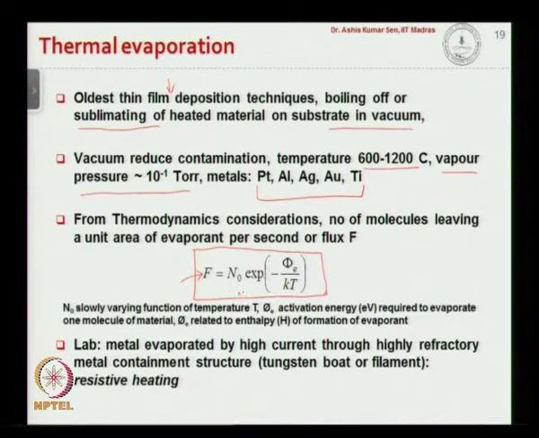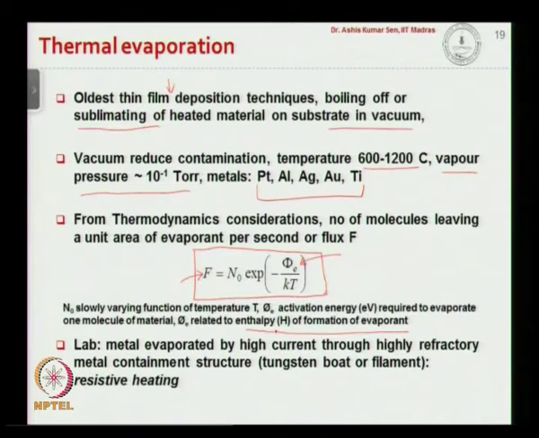So F is N0 times exponential of minus phi E over kT, where N0 is a slowly varying function of temperature and phi is the activation energy. That is intrinsic to the metal that we are trying to evaporate, and it is related to the enthalpy of formation of the evaporant. T is the temperature and k is the Boltzmann constant.